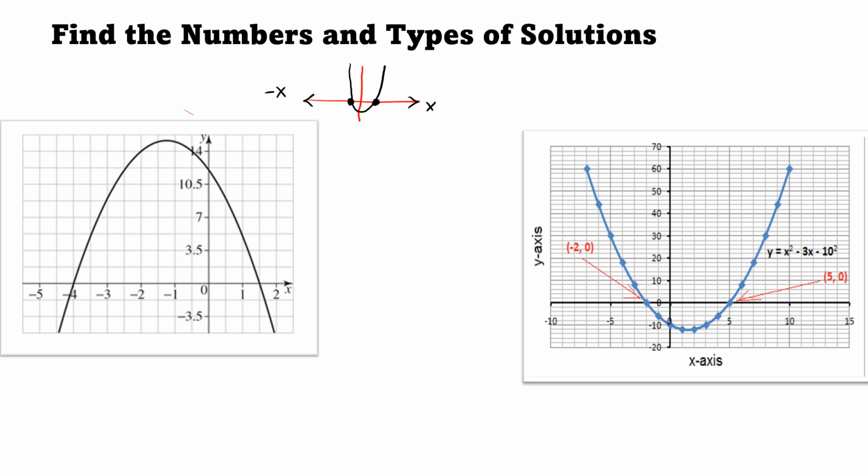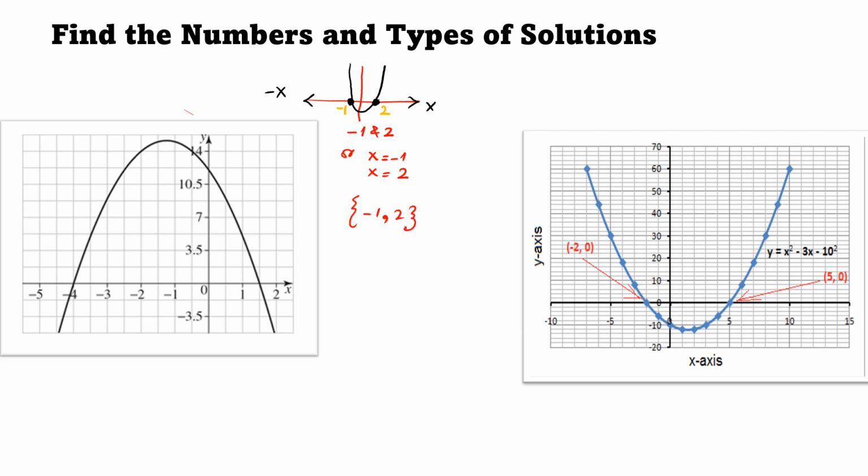Now let's suppose this is -1 and this is 2, for example. So what are the solutions? -1 and 2 are the solutions. Or you can write it as x equal to -1 or x equal to 2. Or they can be written as the bracket -1, 2.